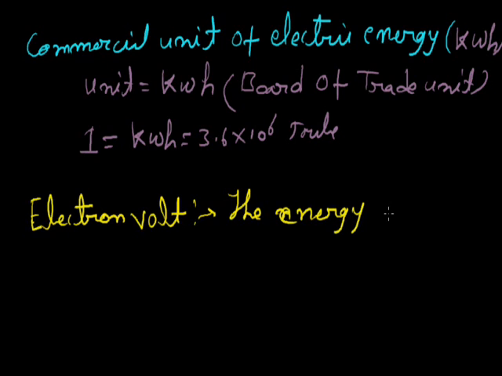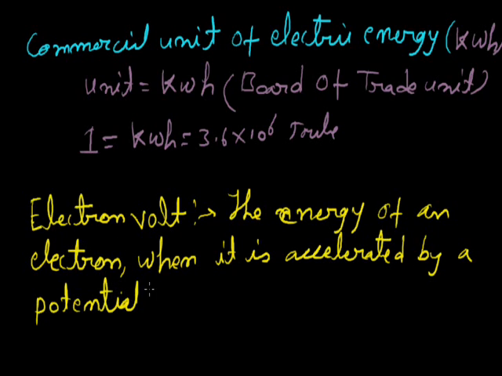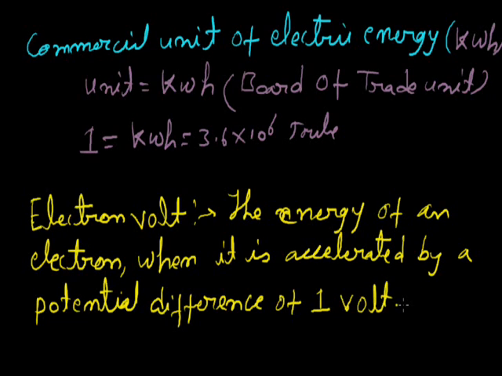The energy of an electron when it is accelerated by a potential difference of 1 volt is known as 1 electron volt.